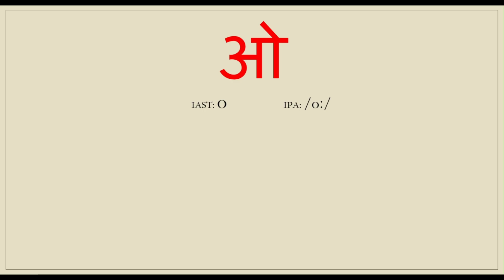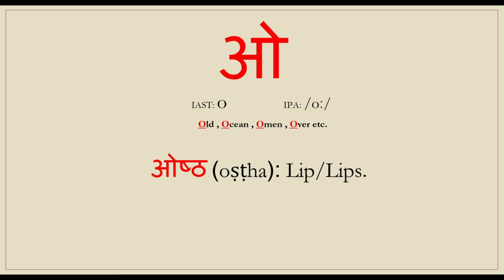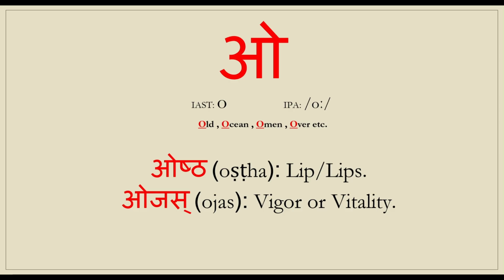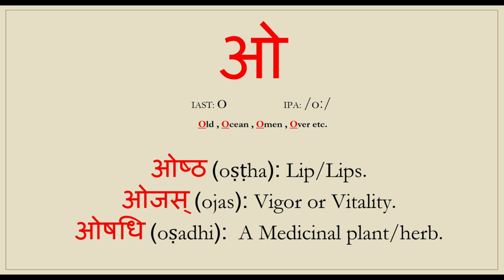And the English examples that can help us to understand this sound are like the words old, ocean, omen, over, etc. The Sanskrit examples describing this sound are like the word oṣṭha, which means lip or lips, based on context, the word ojas, which means vigor or vitality, and the word oṣadhi, which is a medicinal plant or a medicinal herb.